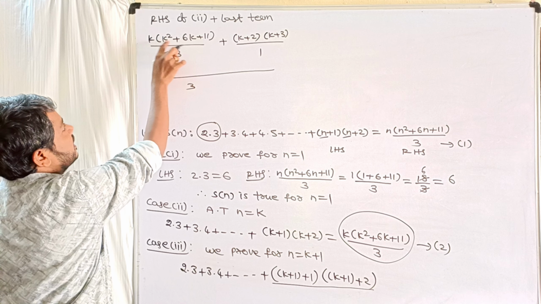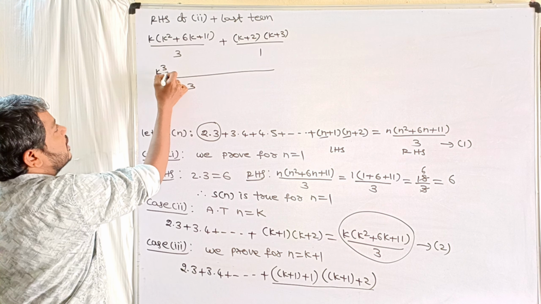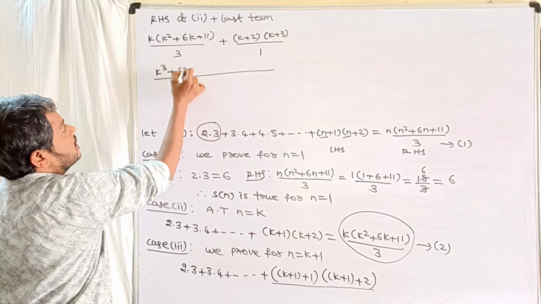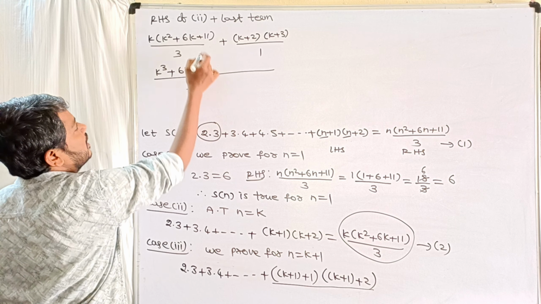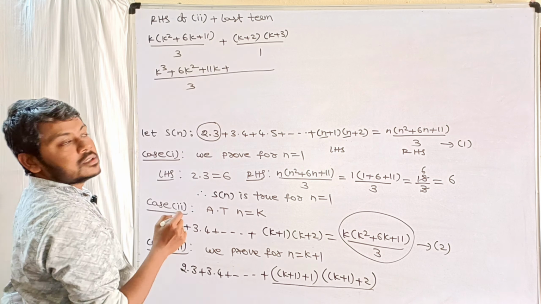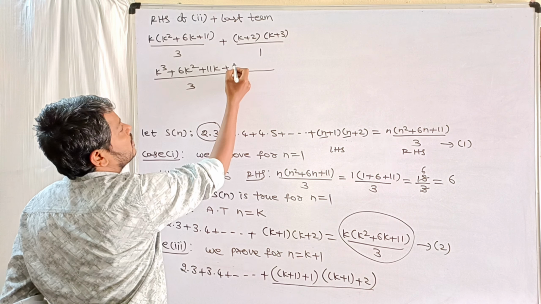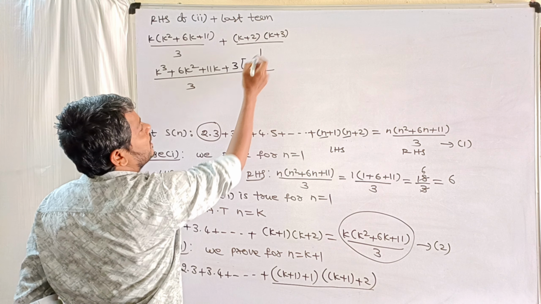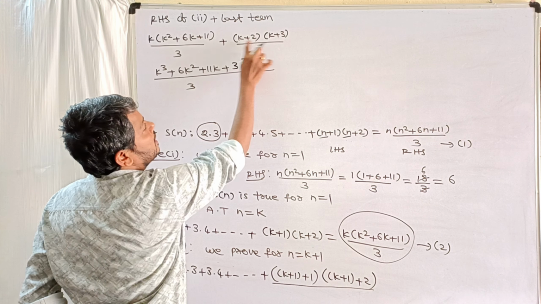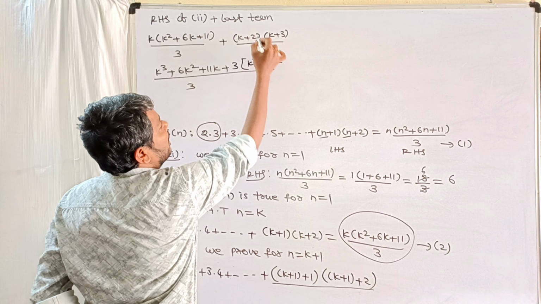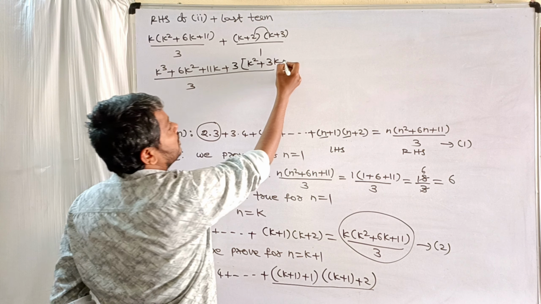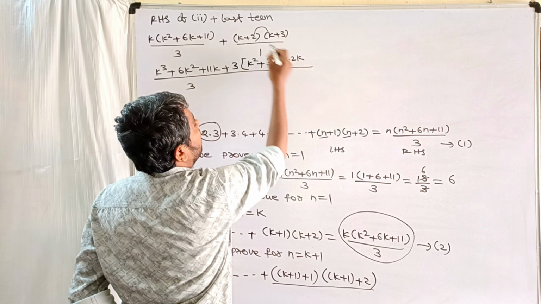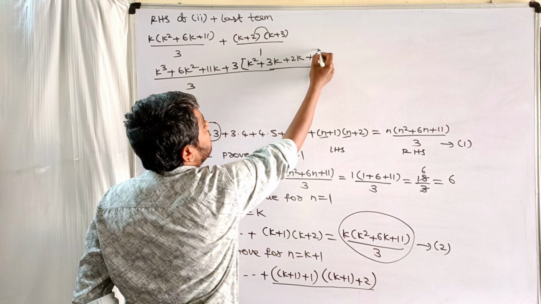Now cross multiplication. K into k square, k cube, k into 6k, 6k square, k into 11, 11k plus 3 into this one, multiplying these two, k into k, k square plus k into 3, 3k plus 2 into k, 2k plus 2 into 3, 6.